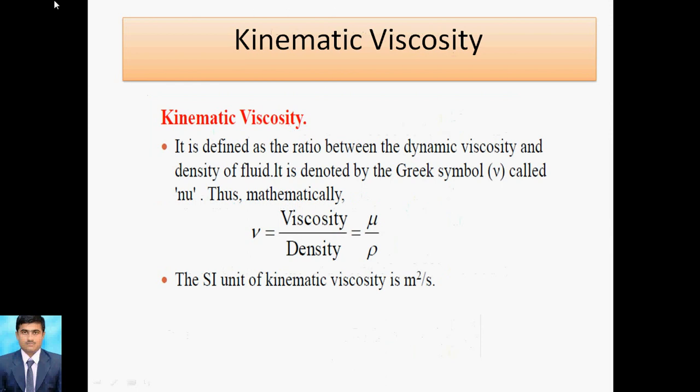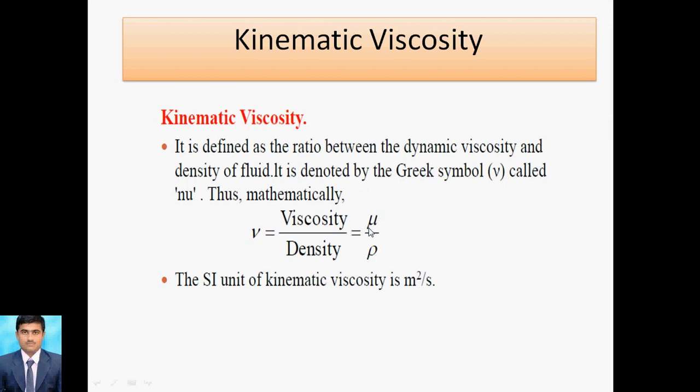Now we move to the next phenomenon, that is kinematic viscosity. As you know, kinematic viscosity is the ratio of dynamic viscosity and density of fluid. So what is the relation between kinematic viscosity and dynamic viscosity? The relation is nu, kinematic viscosity, is equal to viscosity upon density. That viscosity is mu, and density is rho.